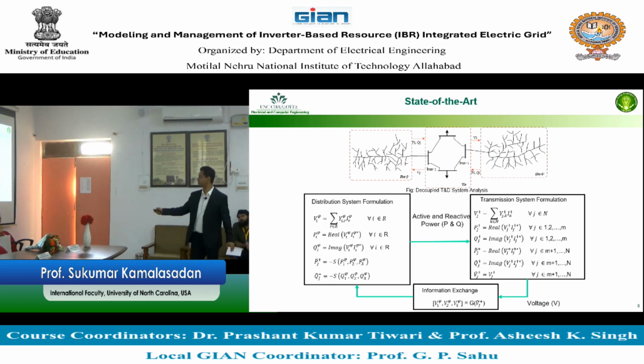So after you solve this power flow, what will you get? Voltage and angle of the voltage. That voltage and angle of the voltage you take for the power distribution system. Where will that go?